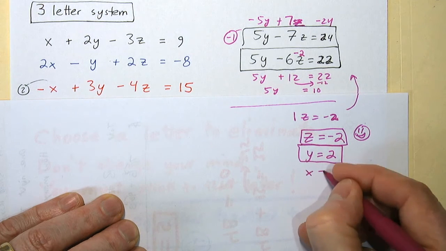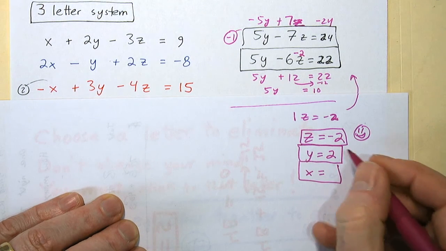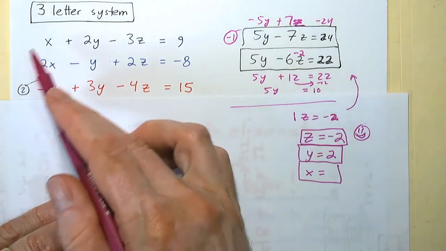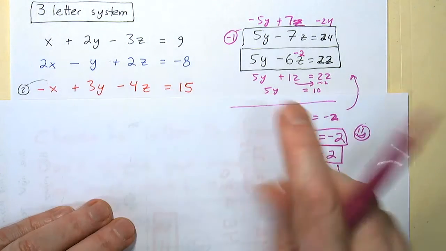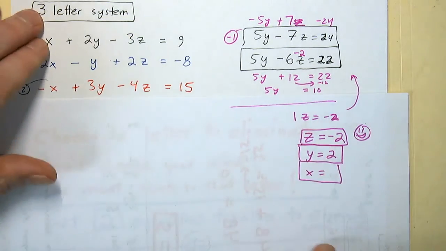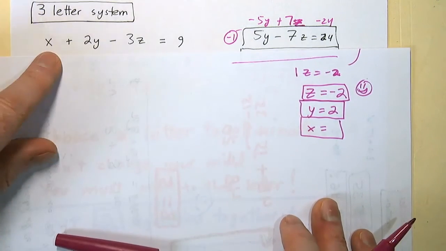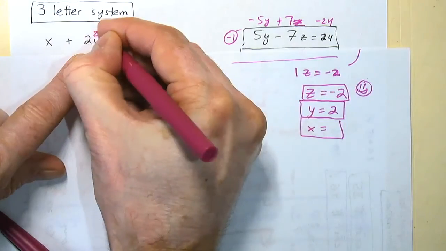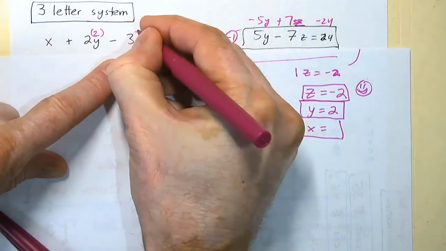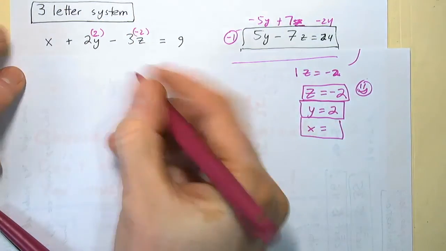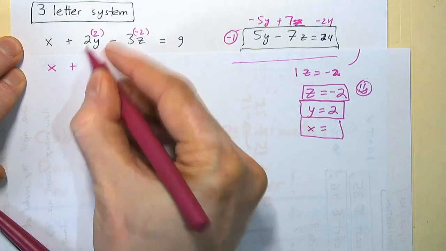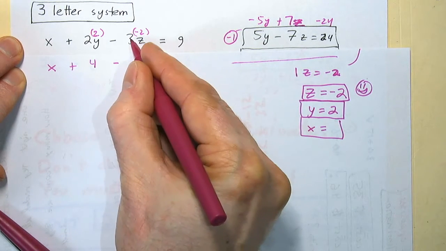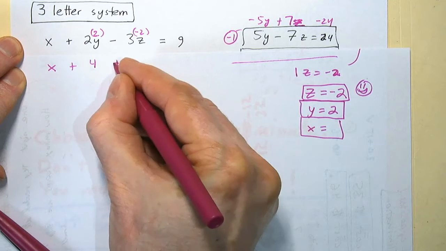Now we just need x. Where's x? Oh, here he is. Pick your one. You got y and z. How about I just use the top one? I don't know x. I got y, y is 2. I got z, z is -2, and you can get that to work. x plus 2 times 2 is 4. Negative times negative is positive.